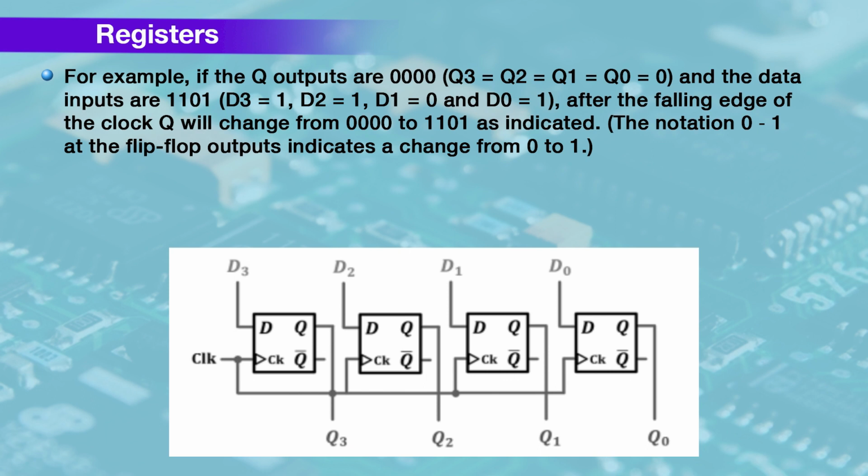After the falling edge of the clock, Q will change from 0, 0, 0, 0 to 1, 1, 0, 1. As indicated, the notation 0 to 1 at the flip-flop output indicates a change from 0 to 1.